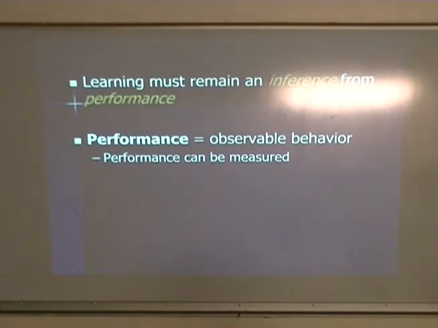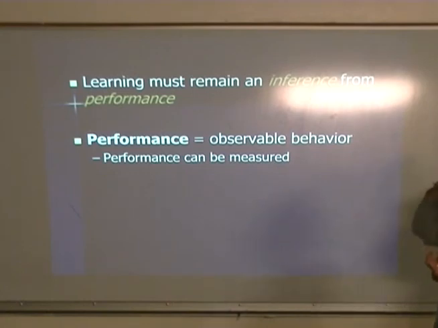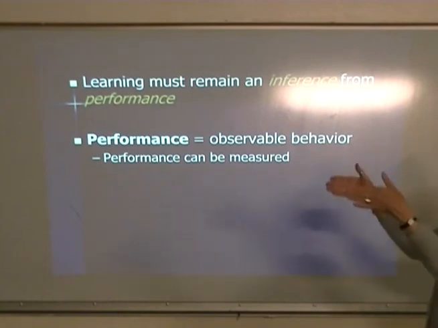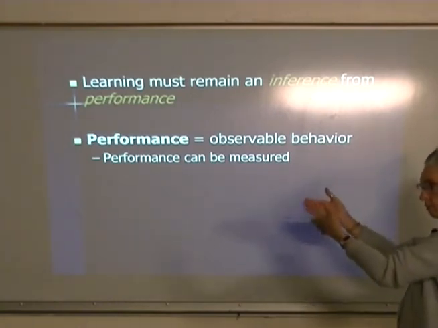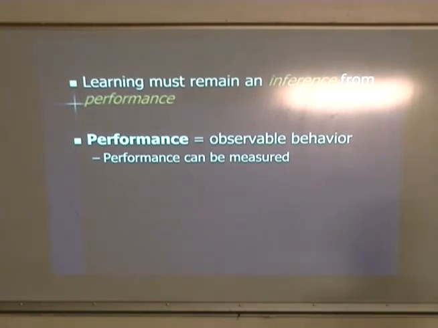So if that's the definition that we take, then we've got a bit of a dilemma as the teacher, because I can't see what's going on inside the brain in response to the practice that I've given this person, right? That means that I can only, I don't like the word guess, I prefer the word infer that learning is occurring, right?